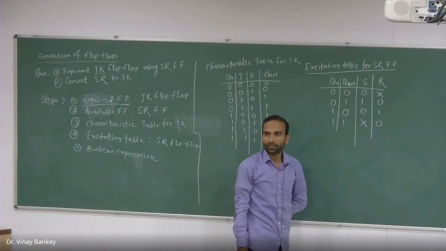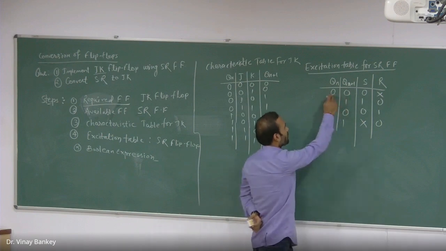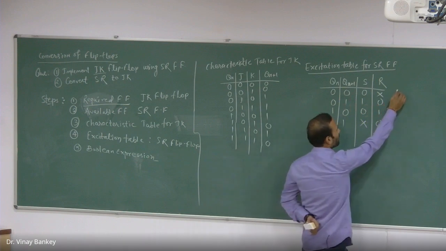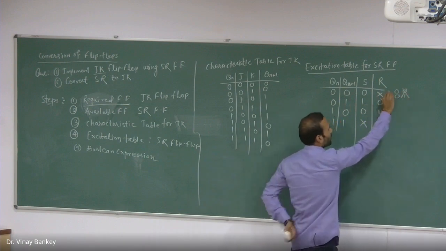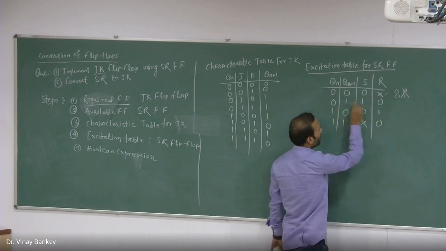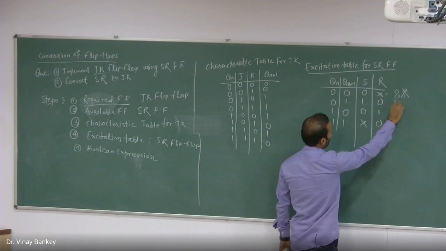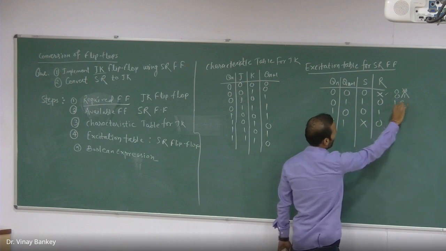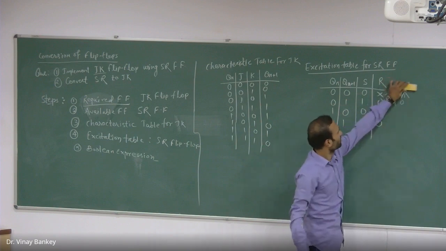Yes, sir, correct. Is it correct? Either we can verify: previously it was 0 and the next one is 0, so it may be 0 0 or 0 1. So R is don't care here, correct? And this is 1. So it has to be 1 because there is no memory. So 1 0. Yes, yes, it is correct.